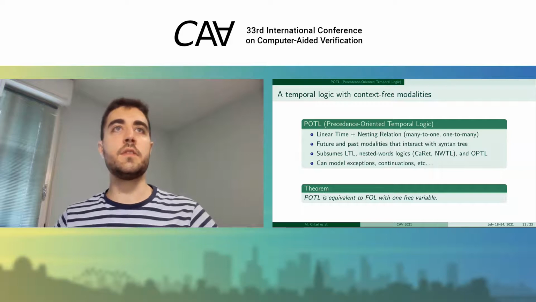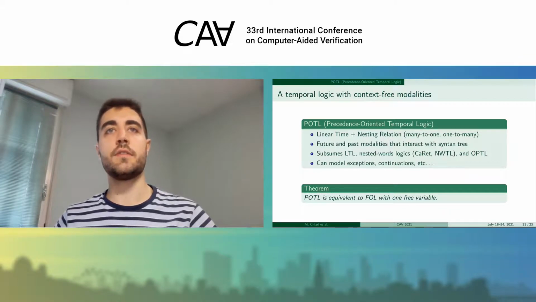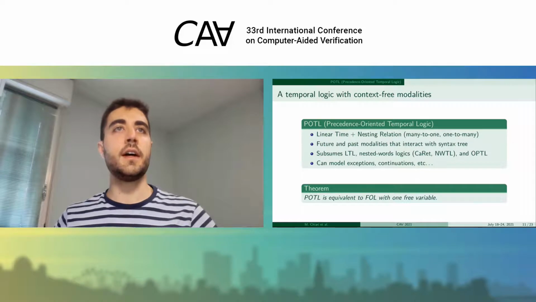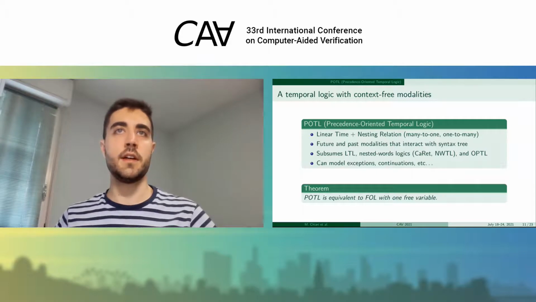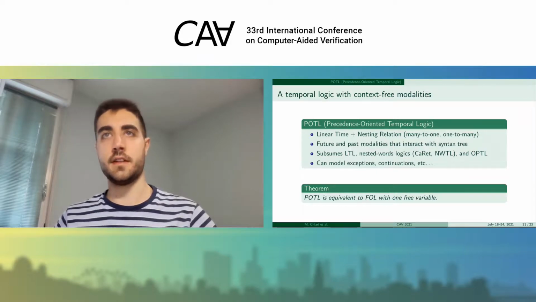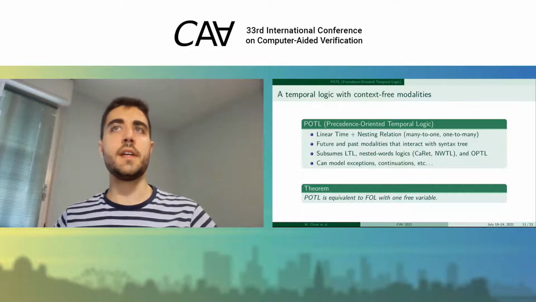POTL has future and past modalities that can go back and forth in time, but also up and down on the syntax tree. And we prove that POTL is equivalent to first-order logic with one free variable on OP words, and consequently it subsumes LTL and also the logics based on nested words, so CaRet and NWTL, and also OPTL, which is another logic based on operator precedence languages.